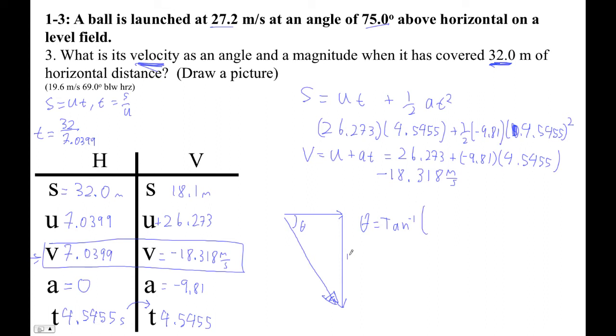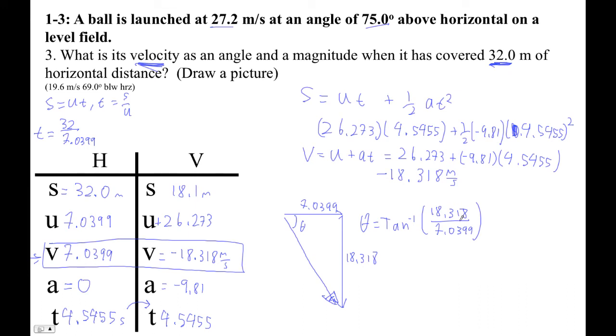So this side is 18.318. This side is 7.0399. So let's go 18.318 over 7.0399. Let's give that a spin and see where it takes us. What is that, 18.318 divided by 7.0399?